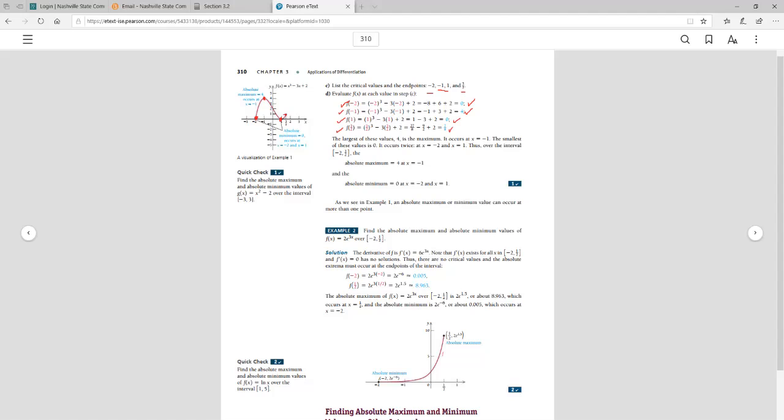Now we have the y values to investigate at the critical values and the endpoint values. So the question is this: what is the lowest y value? Well, in this case, we have 2 values, right? Let me erase here.